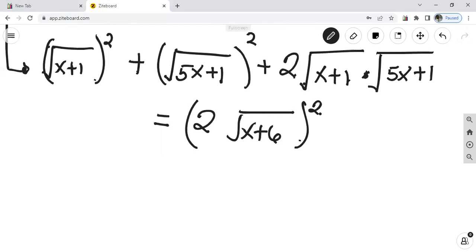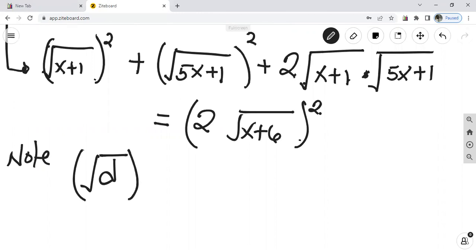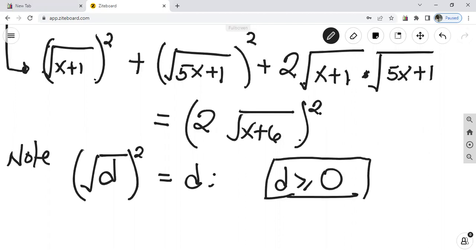All right, what is the next stage? We want to note again that if I have a number which is real and non-negative, say D, if I take the square root and then I square again, I get back D. Within the limit of the fact that I'm working with operations with real numbers, I want to take D to be greater or equal to 0 so that the square root of D is well defined.